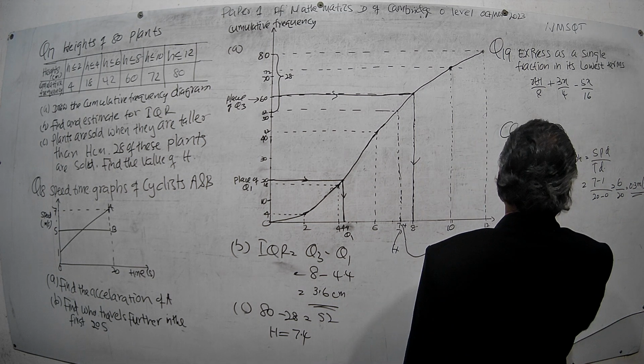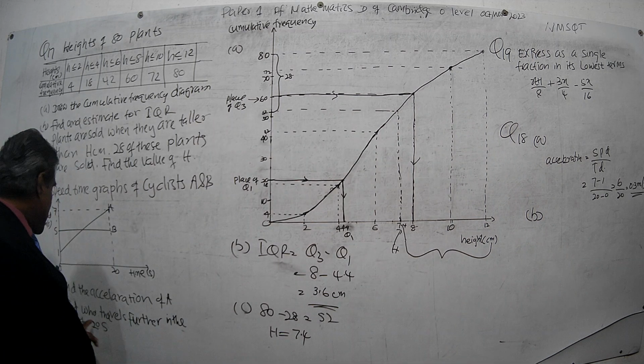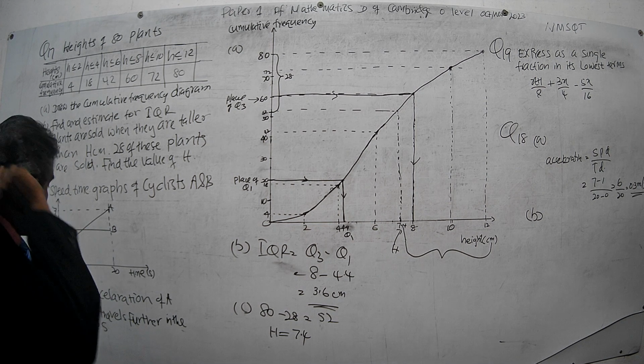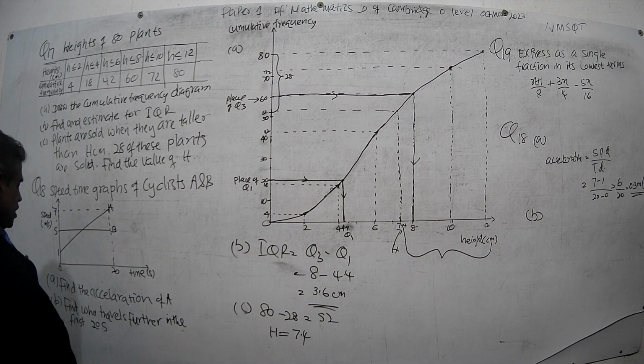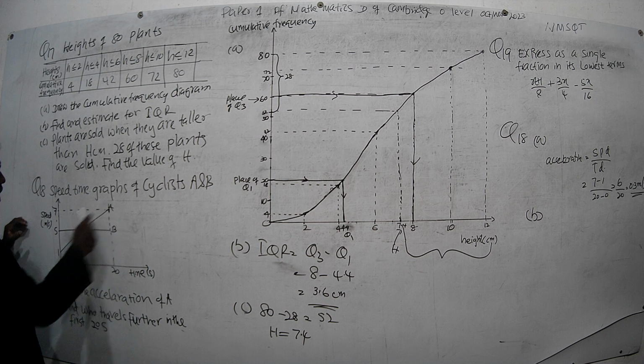Then part B. B asks to find who travels further. In the first 20 seconds, they ask who has traveled more distance than the other. In the speed time graph, the distance traveled is the area under the curve.